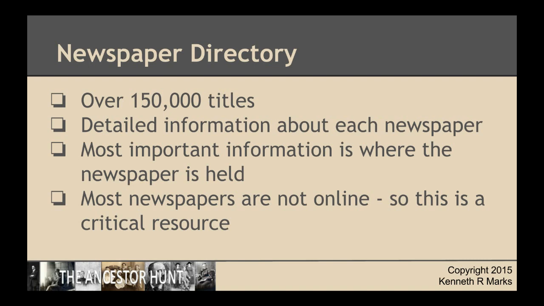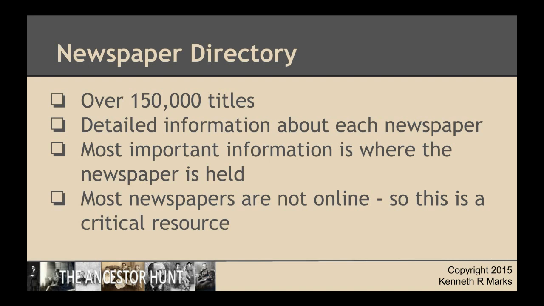If you are interested in a specific one where you know your ancestors lived and you can't find anything about them, maybe they're on a newspaper that is not online. And what do you do about that? How do you take advantage of that? How do you find out where the newspapers are, and how do you search those?